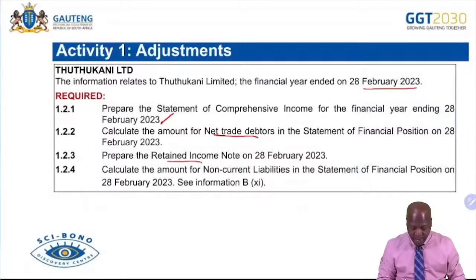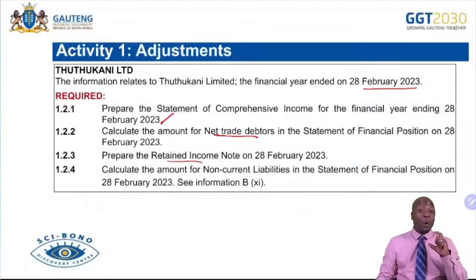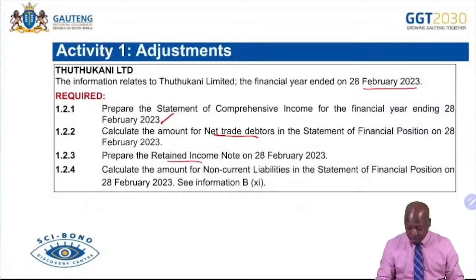And then we will also calculate the non-current liabilities in the statement of financial position. There is an interesting adjustment on the loan, and I want to do this with you. If you also have problems with loan adjustments, I think I'm going to do about 2 loan adjustments with you today. Please follow through so that I can assist you with these adjustments.